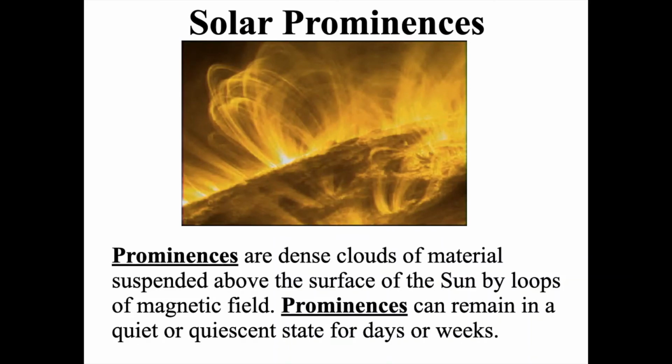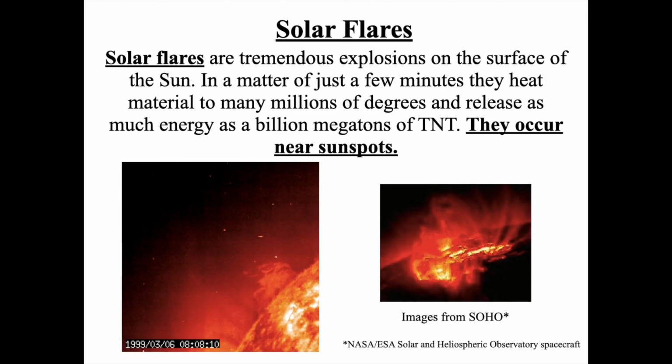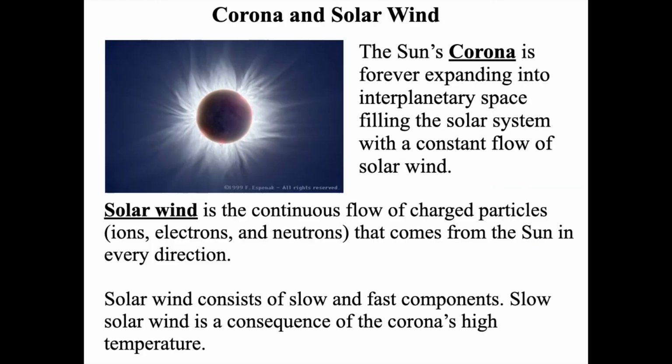These prominences, magnetic loops, and solar flares can actually remain for days or weeks. So solar flares are basically explosions on the surface of the sun in the photosphere, and they can happen in a matter of minutes. They're going to release an extreme amount of heat, and they do occur near sunspots.